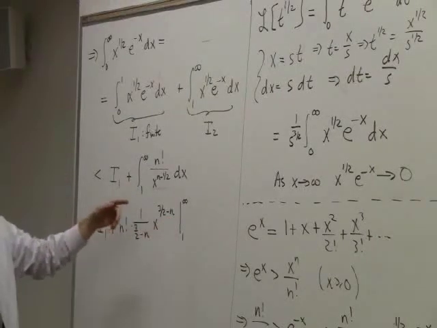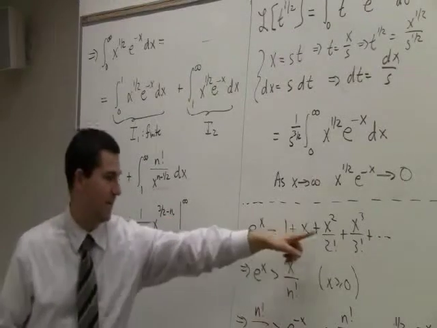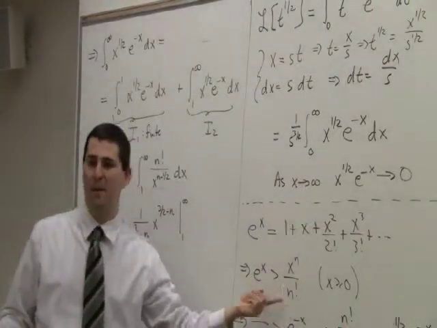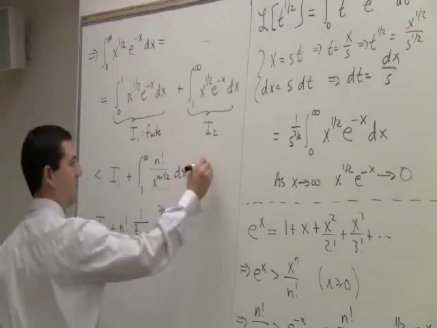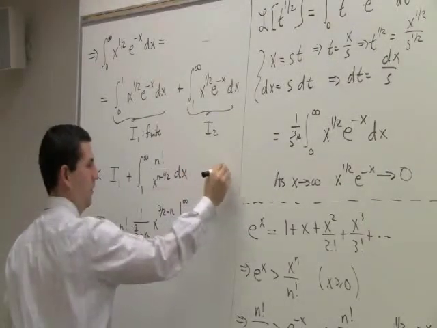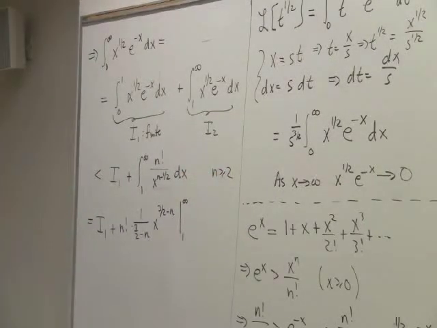And n here is supposed to be coming from a natural number, so we better make n at least 2. So let's make n greater than or equal to 2. We can choose any n we like here.